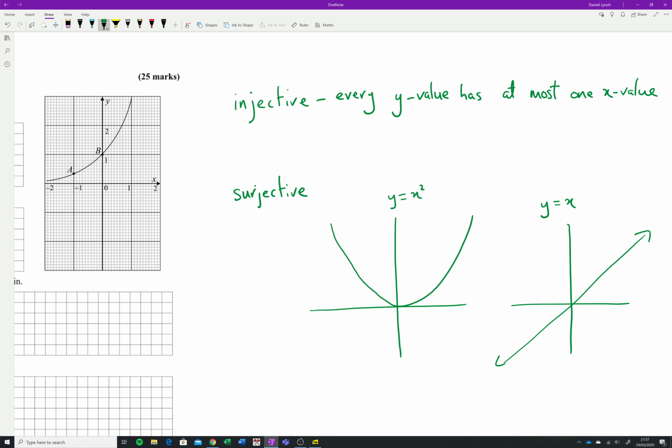If we have a look at our function over on the right hand side, y equals x, every y value, so if I pick a y value, we'll just change colors. If I pick this y value here, is there an associated x value? Well, there is. If we put in this x value in there, we get out that y value there. As in if you put in, I don't know, 4, you'll get out 4. So that's what you have going on there.